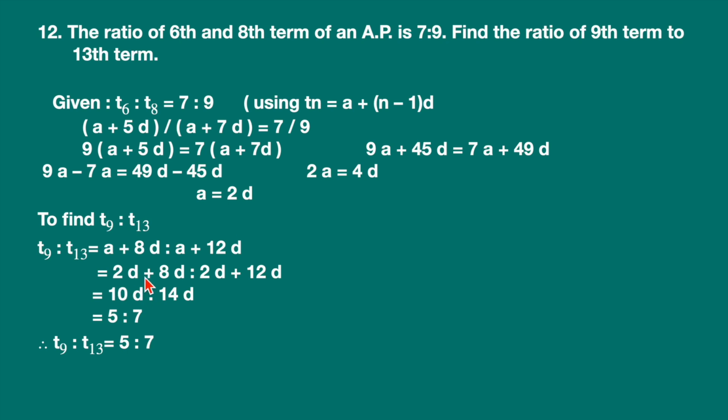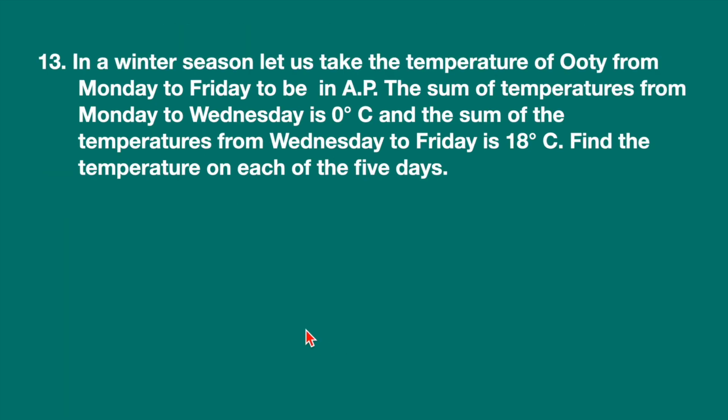So you get 2d plus 8d is to 2d plus 12d. 2d plus 8d is 10d. 2d plus 12d is 14d. So this d will cancel. You will get 10 is to 14, that is 5 is to 7. So the ratio T9 is to T13 is equal to 5 is to 7.